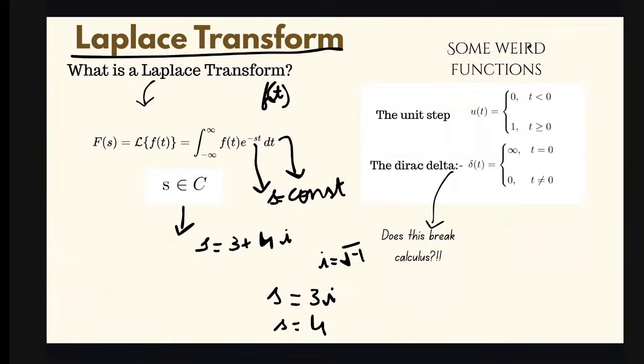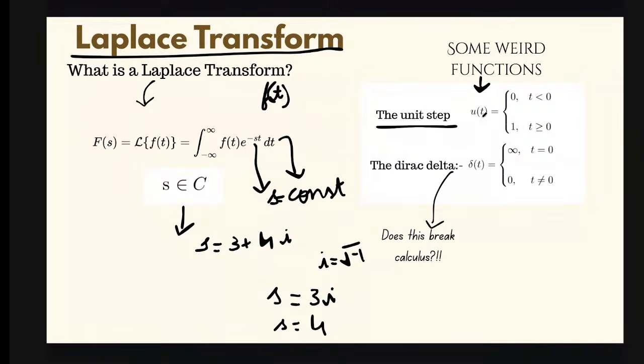So now let's look at some weird functions, as I'd like to call them. First of all, one is the unit step. The unit step is essentially 0 for t less than 0 and 1 for t greater than or equal to 0. Okay, I'll explain this again, but first let's look at these functions.